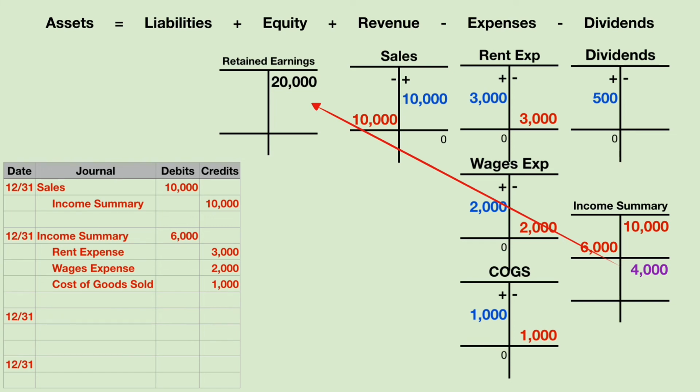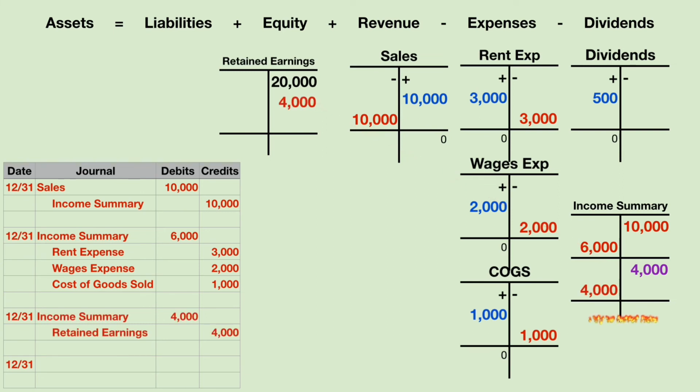If we had a net loss or a debit balance in income summary at this point, you would transfer that debit number over to the debit side of retained earnings. So here's what the journal entry looks like. Debit income summary, $4,000. Credit retained earnings, $4,000.